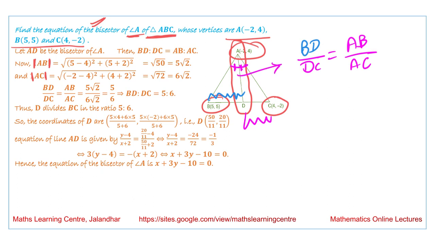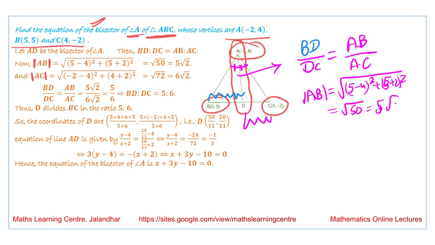So we calculate the length of AB, which is the square root of (5 minus 4) square plus (5 plus 2) square. The answer is root 50, that is equal to 5 root 2. This is the length of AB. Similarly, the length of AC is 6 root 2.